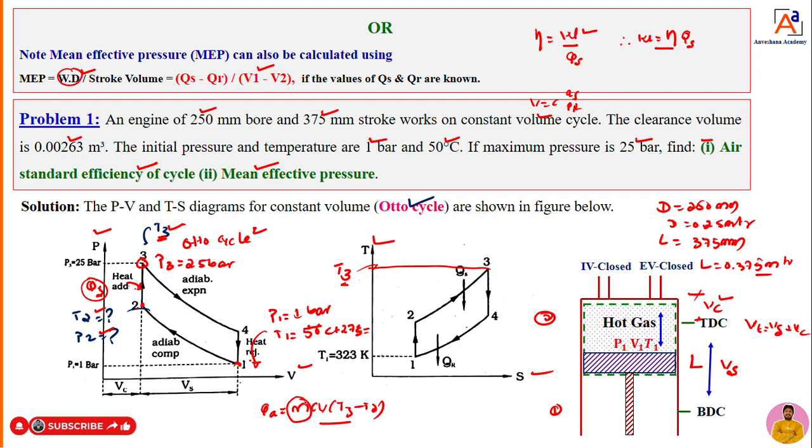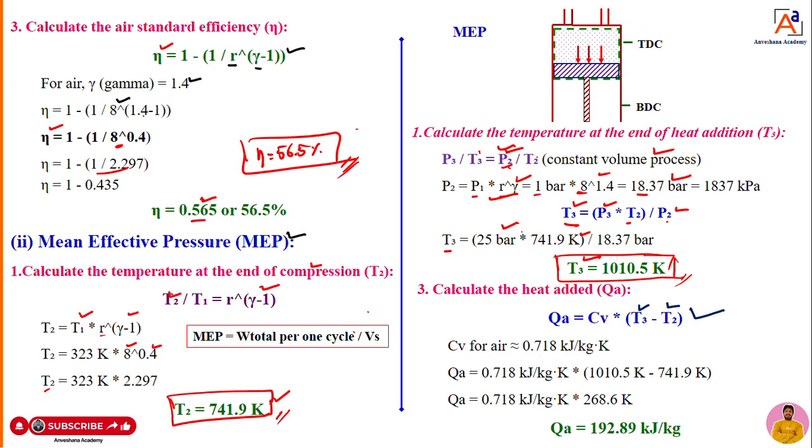If you are calculating the heat addition per kg, then M equals 1, you can neglect that. CV is the specific heat at constant volume. So heat addition QA is equal to CV into T3 minus T2, as I have taken M equal to 1. CV, that is the specific heat at constant volume, for air is 0.1.